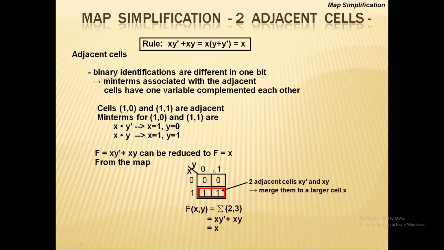In the column we have nothing, because 0 and 1, opposite, means y bar plus y, y plus y bar is equal to 1, into the row, and in the row there is x. So we'll be having x into 1 is equal to x. You see here the simplified form is now achieved using the Karnaugh map, which is the beauty of the Karnaugh map, that it will give you the simplest logical expression for any arrangement.